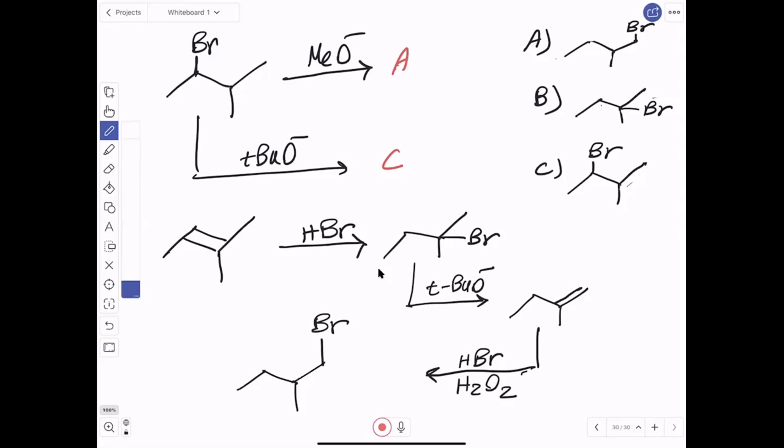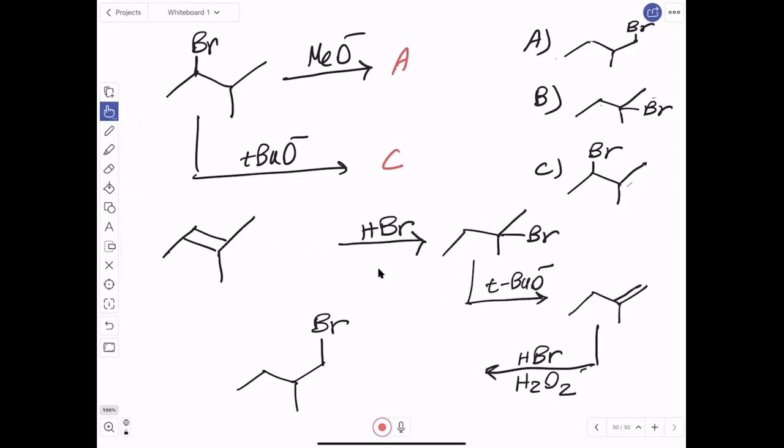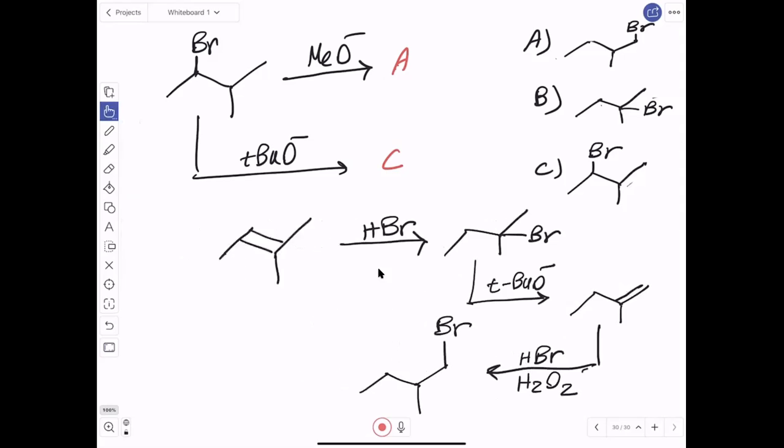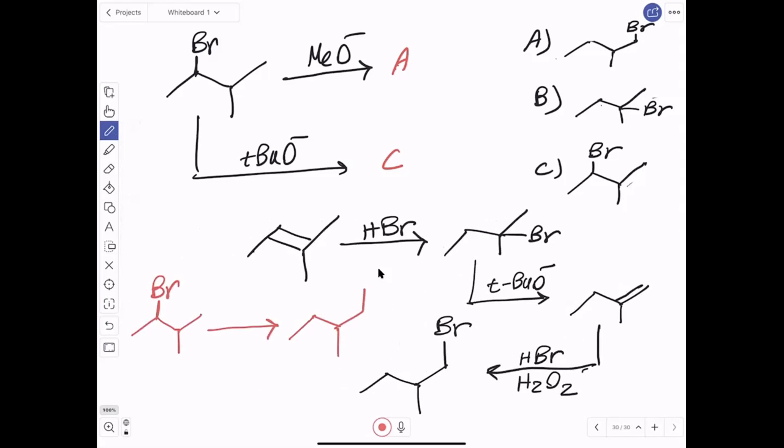Okay, so in the exam, I can give you this alkyl halide and ask you to prepare this one.